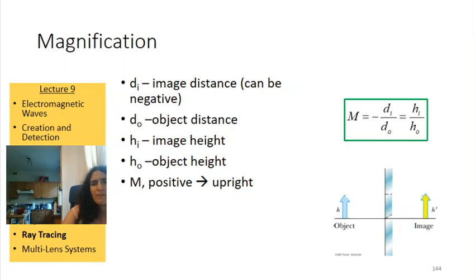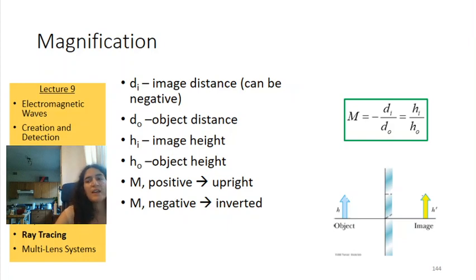Whenever M is positive, that would give an upright image. Whenever M is negative, that would give an inverted image, right? Because then the image height would be negative, because the height is measured relative to this axis. So an image that is pointing down would have a negative image height.